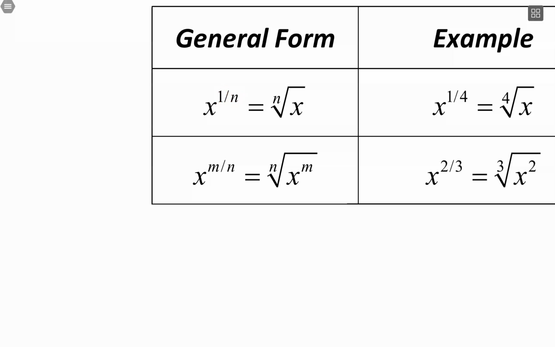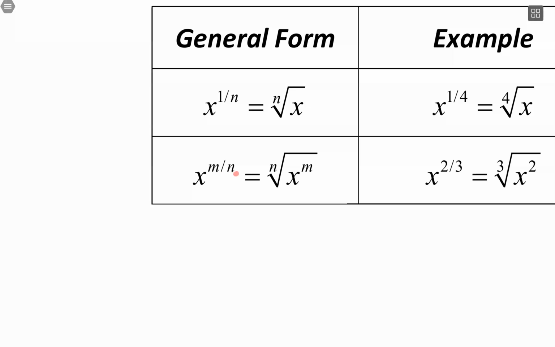Whatever's in the denominator is telling you the level of root that you're taking. So x raised to the 1 over n power is the same thing as the nth root of x. If we have x raised to the 1/4 power, that would be a 4th root of x. So it's telling you the number that goes on the outside of the radical.